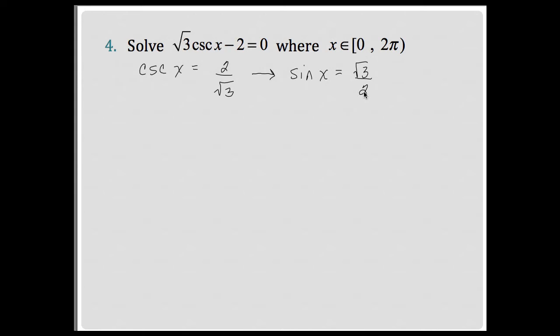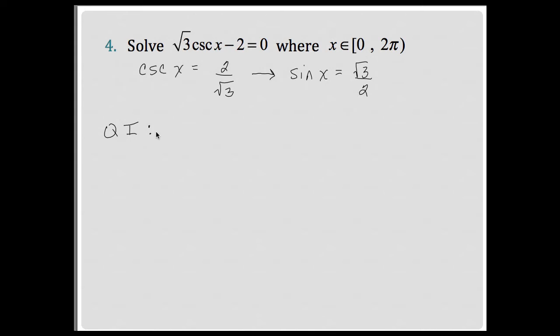Anytime you have a trig equation involving the reciprocal functions, it's probably easier to turn it into an equation involving one of the main 3 functions. So now we're just going to go for them from this point. So we're trying to think of where is sine value positive, because that's a positive square root of 3 over 2. So sine's going to be positive in quadrant 1.